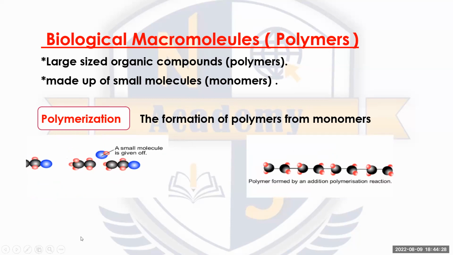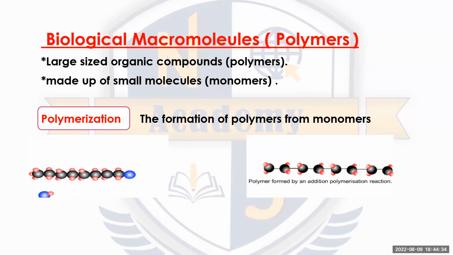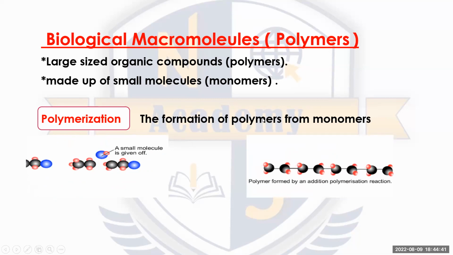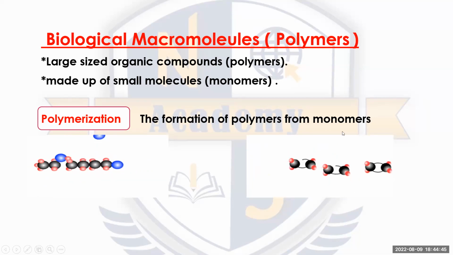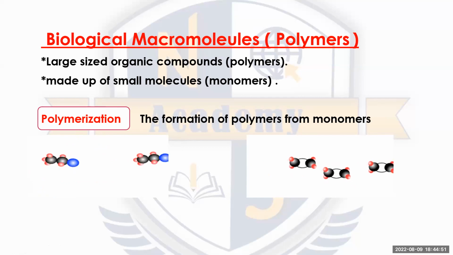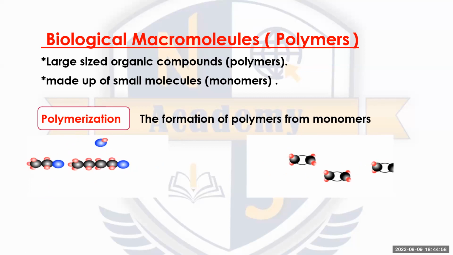This process is called polymerization. It's the process through which monomers combine to form a polymer, or the formation of polymers from monomers. Okay.